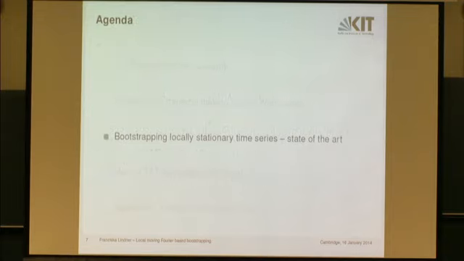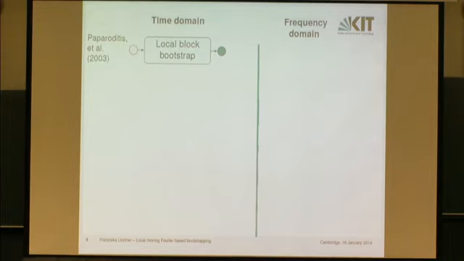Okay, so now let's go down to some bootstrapping. There are basically 4 main methods of bootstrap procedures for locally stationary time series. There's one by Paparoditis and several others, who's just doing a local block bootstrap in the time domain.